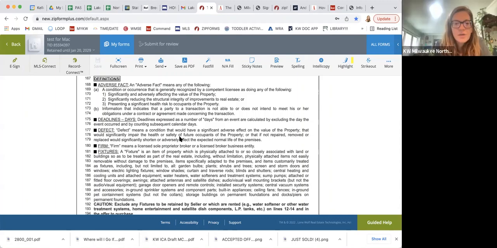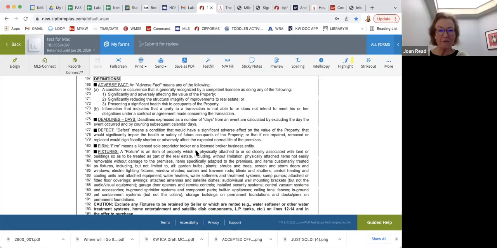And then the second part is that the adverse fact could also be information that indicates that a party to a transaction is not able to or does not intend to meet his or her obligations under a contract or agreement made concerning the transaction.